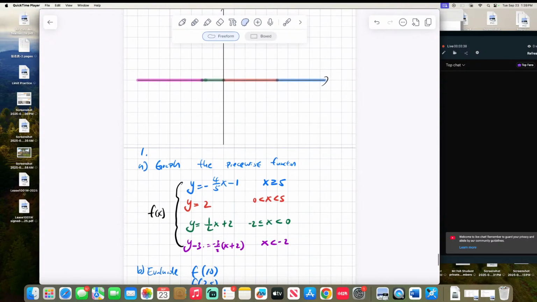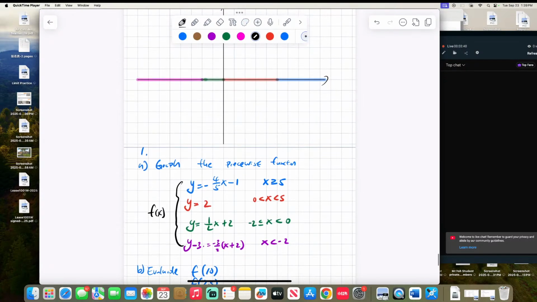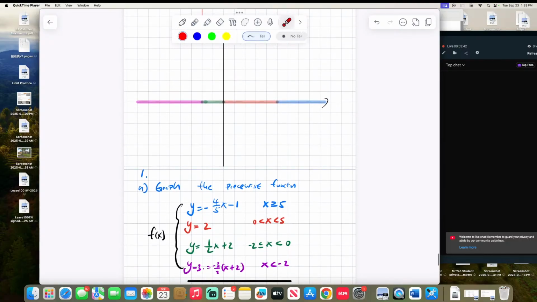And so what we're gonna do is we're gonna talk about this one. We're gonna start with the blue one. Blue one's gonna start with -1, right? And it's gonna go down 4, right 5, like this. But I don't graph here. I graph starting from here, down 4, right 5.